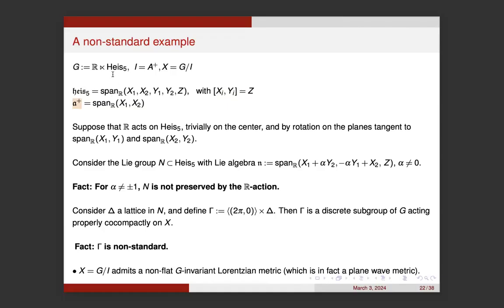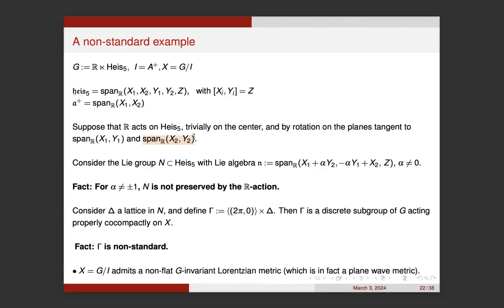So I define this extension of the Heisenberg group as follows. I suppose that R acts on Heis 5 trivially on the center. The center of the Heisenberg group is generated by Z. So this R acts trivially on the center, and it acts by rotation on the planes which are tangent to this one and this, on these two planes.